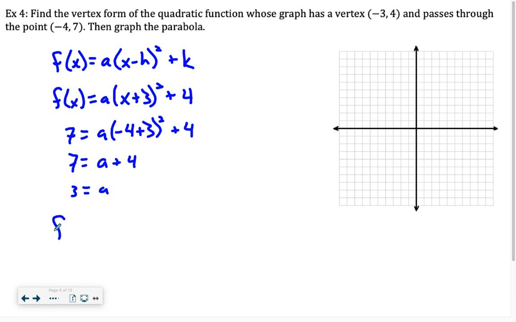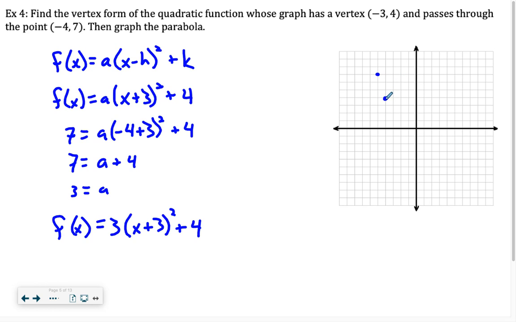So my answer for the equation is f of x equals 3 times x plus 3 squared plus 4. Now to graph, we know the vertex is at (-3, 4). I know the point (-4, 7) is on the graph. All right.